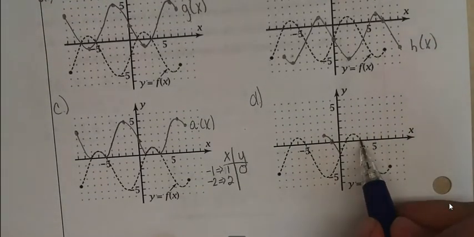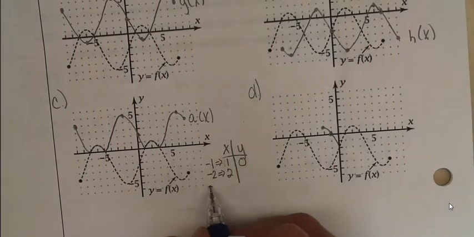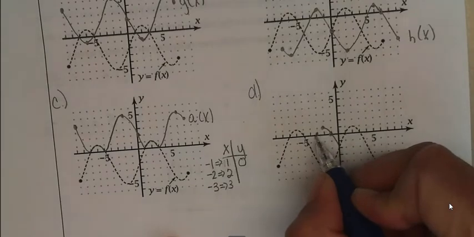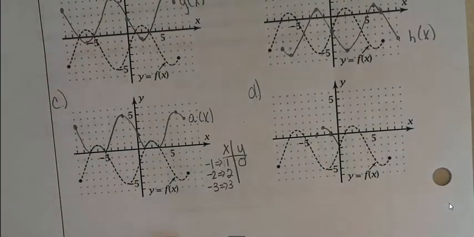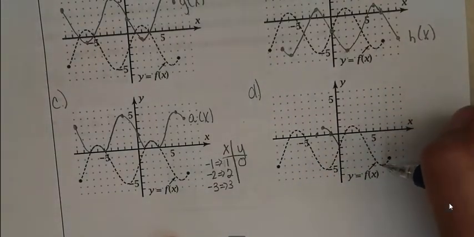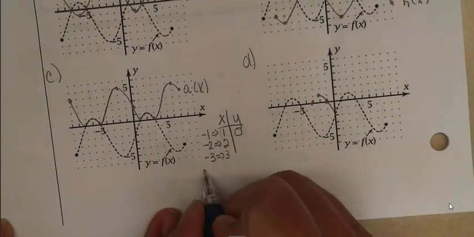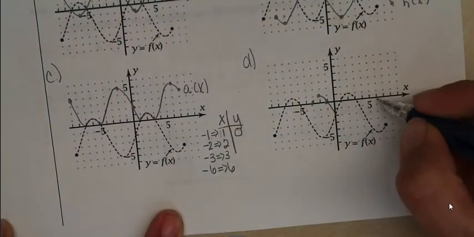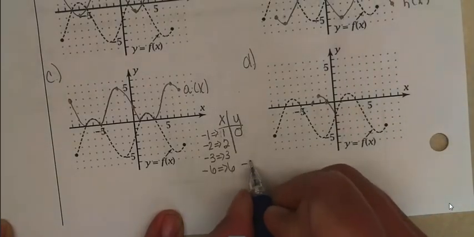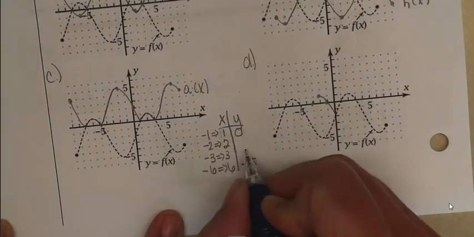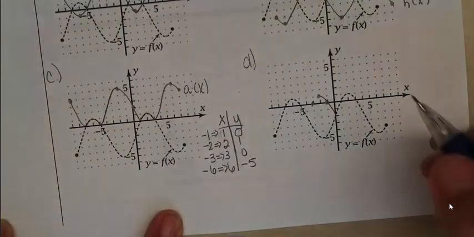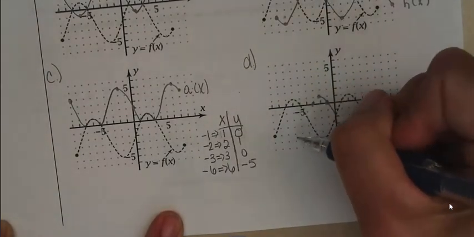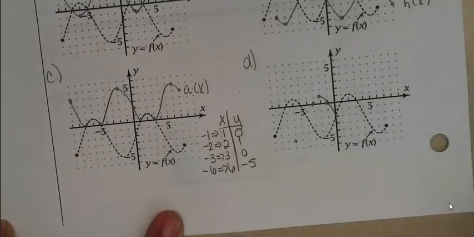So 3, well, -3 really becomes 3. So the output at 3 was 0. Let's go down. 6, okay, well, -6 really becomes 6, right? So that output's going to be -5. Oops, I didn't fill this out. So at -6, I really have an output of -5.